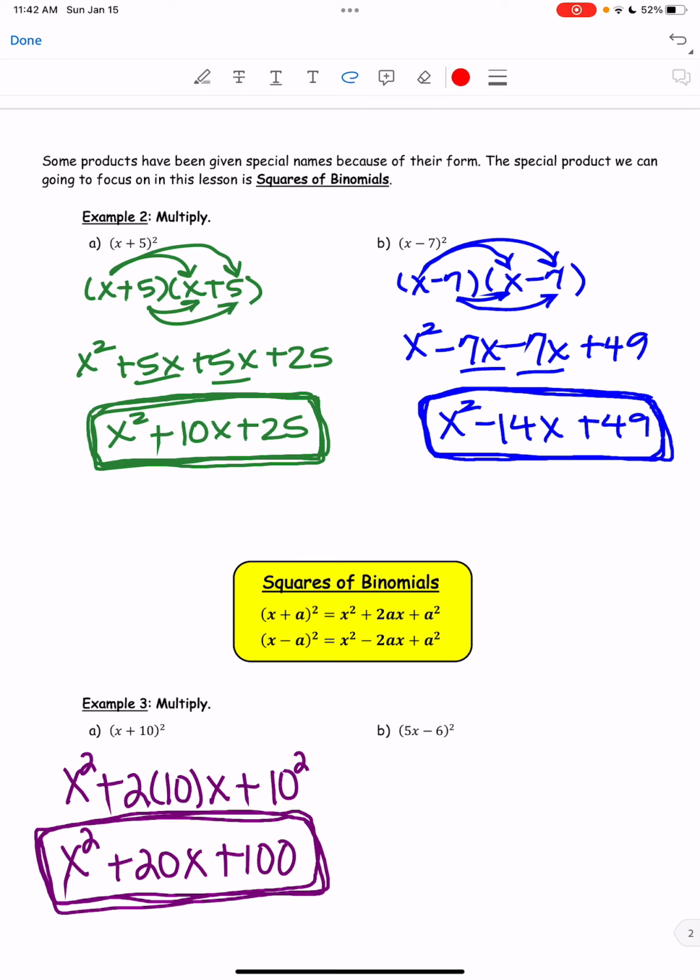Okay, and then one more time here. Okay, so whatever that x is, we're squaring it. In this case, my x is 5x. So that means we have 5x squared. Because this is a minus, I have a minus 2 here. So minus 2 times a, which is 6. Times my x, which is 5x.